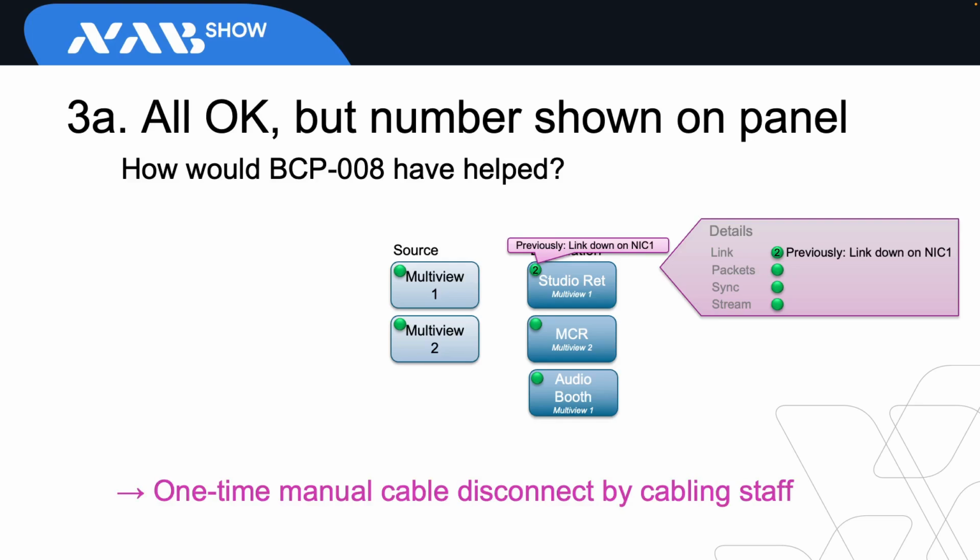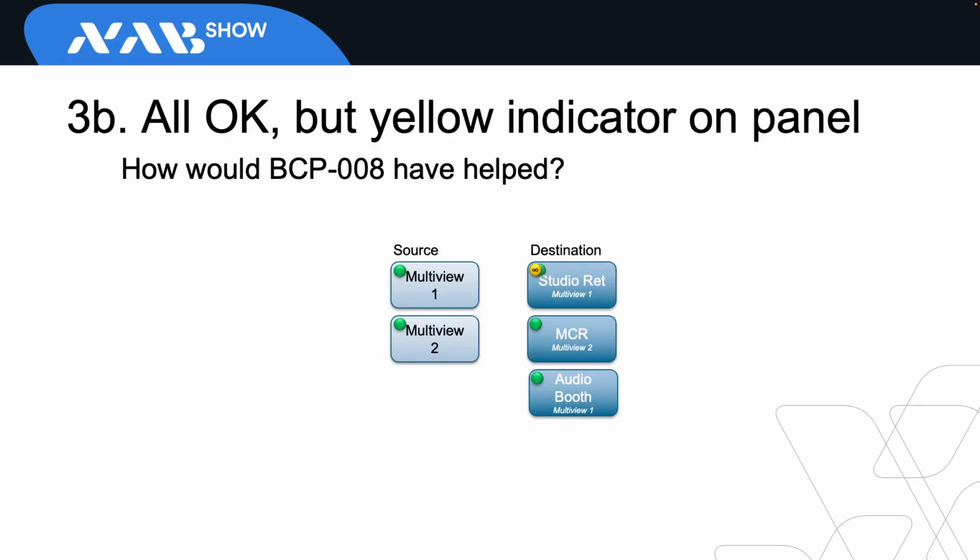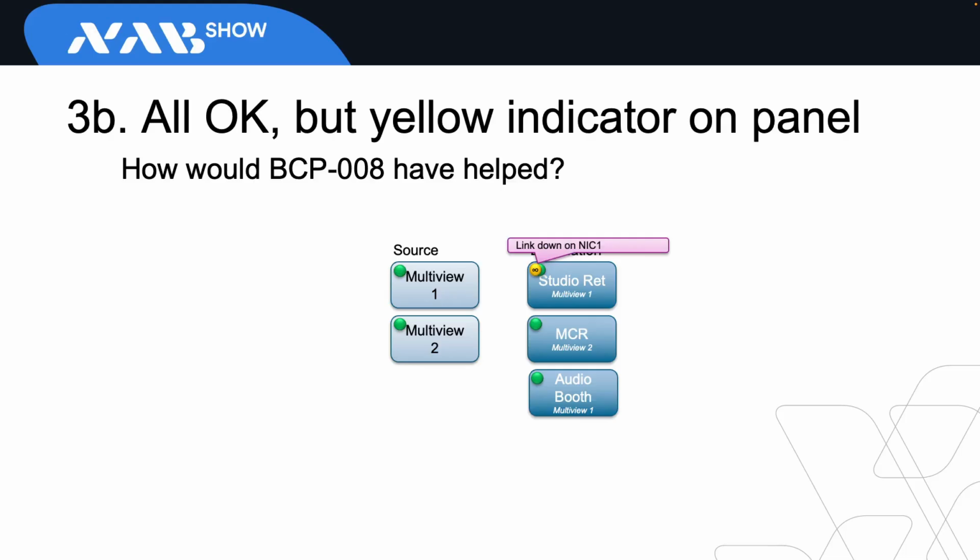Now, similar, but not quite, is this one. He has this little indication there, and it's green or yellow, it doesn't matter, and he has, again, an infinite counter there. Something happened, like a lot. In this case, he hovers over it, and he finds link down on NIC 1. Same thing as before. And then he finds it's link down, link up, whatever.